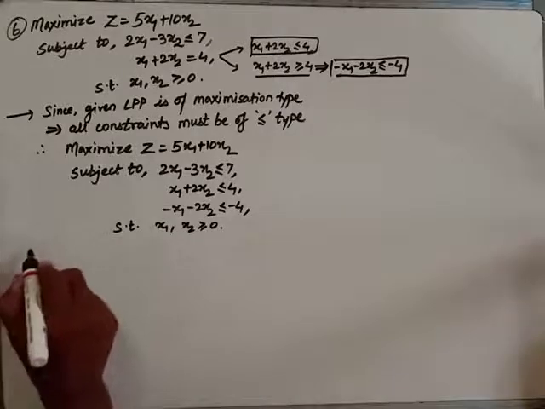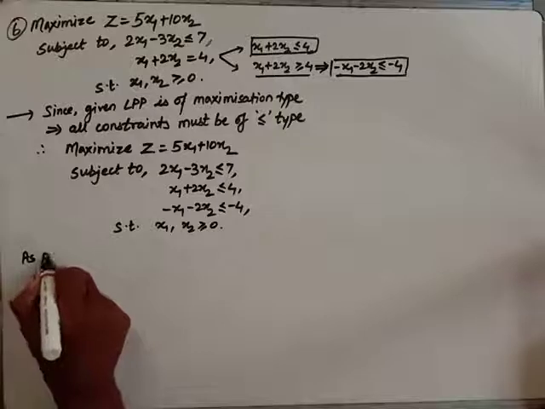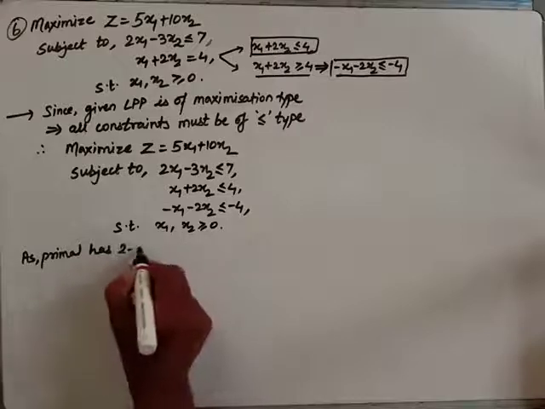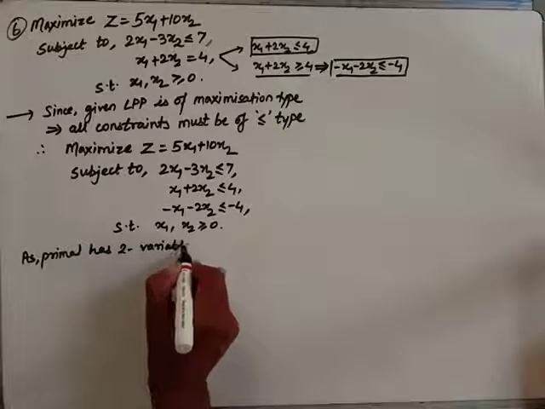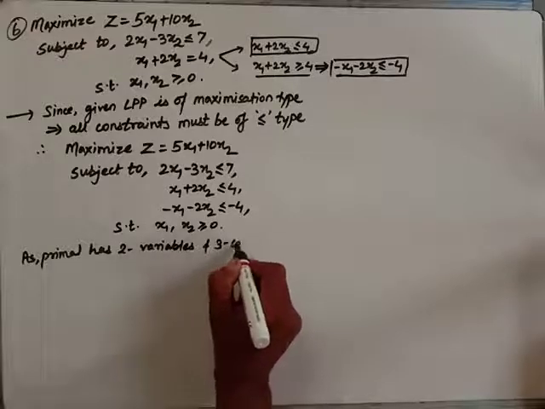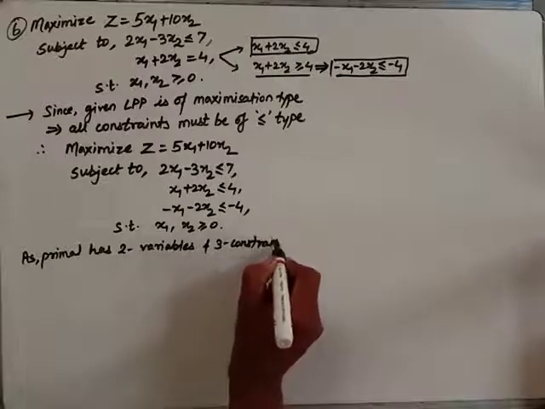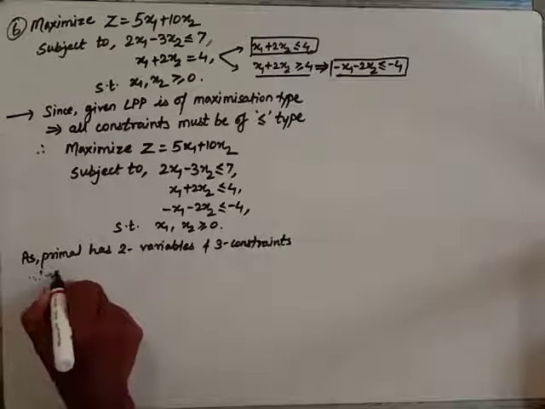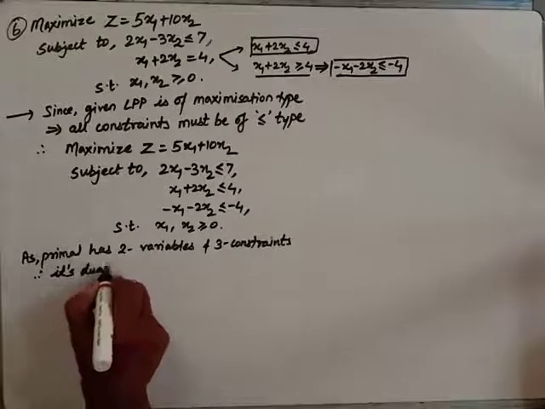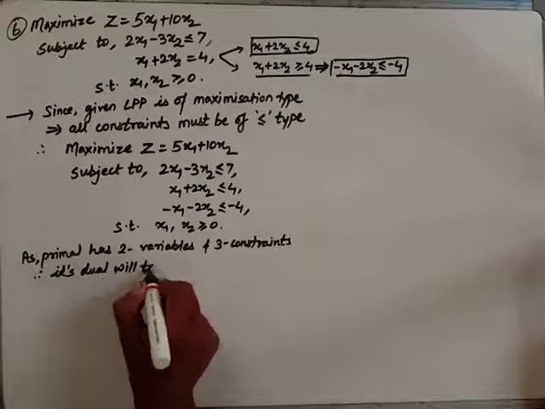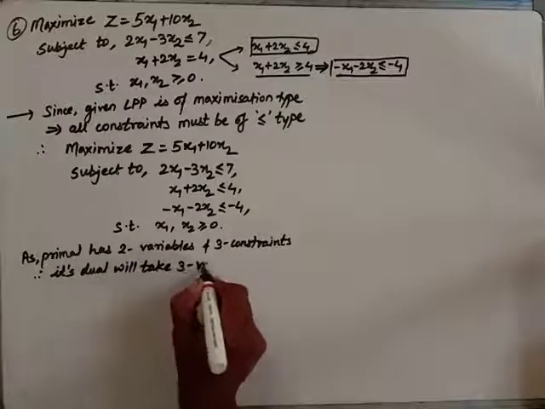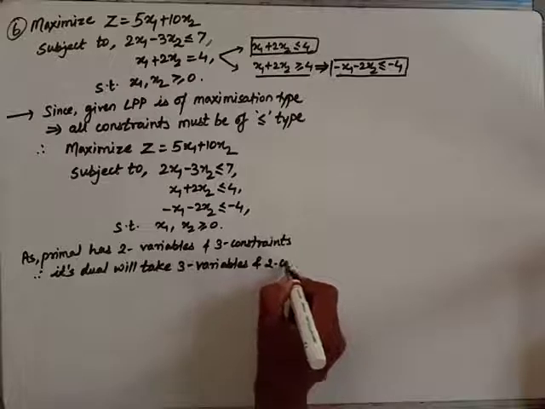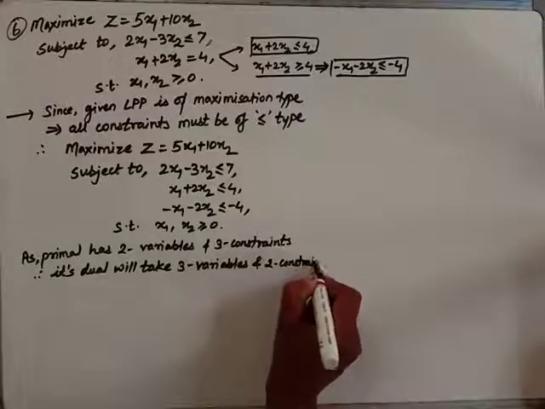Now as the primal has two variables and three constraints, therefore its dual will take three variables and two constraints.